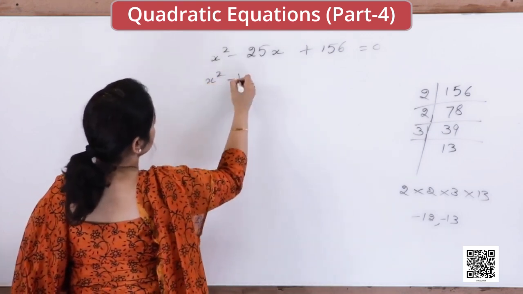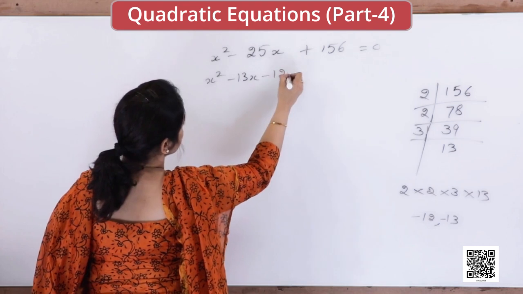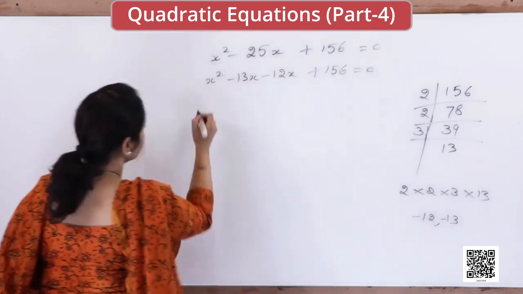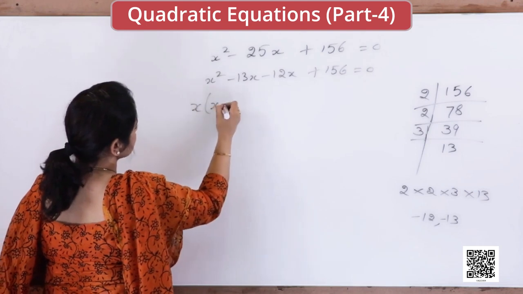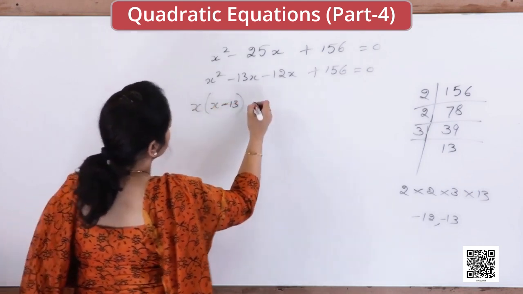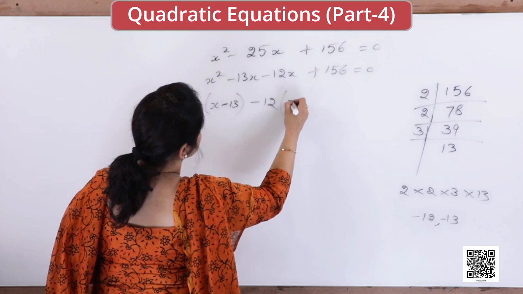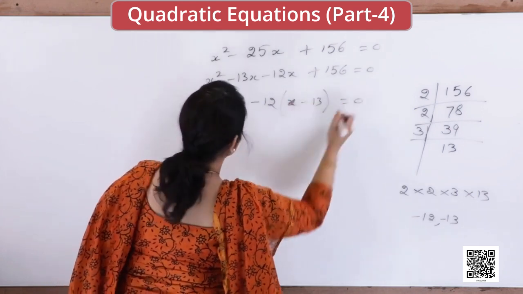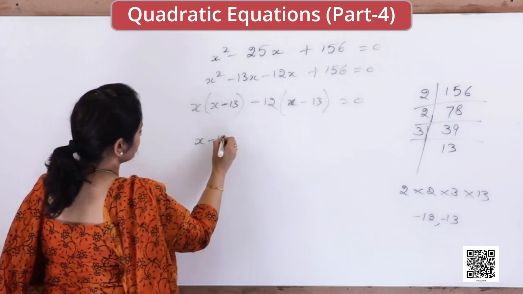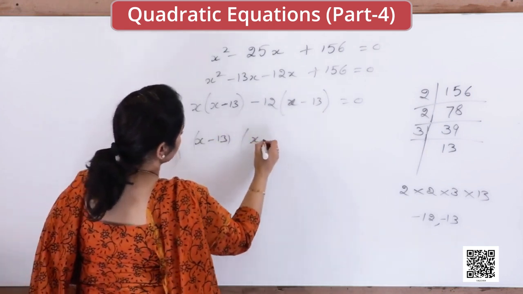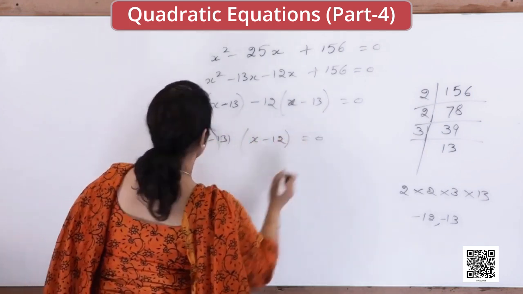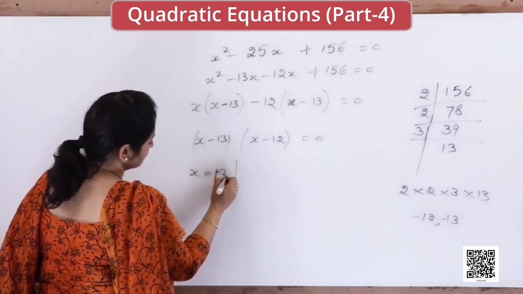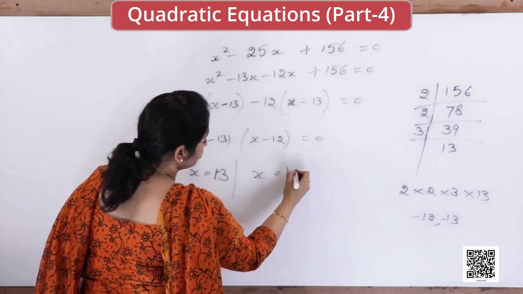So x square minus 13x minus 12x plus 156 equals 0. x common, x minus 13, and here minus 12 common and x minus 13 equals 0. x minus 13 in the first bracket and x minus 12 in the next bracket. So here x will be equal to 13 and here x will be equal to 12.